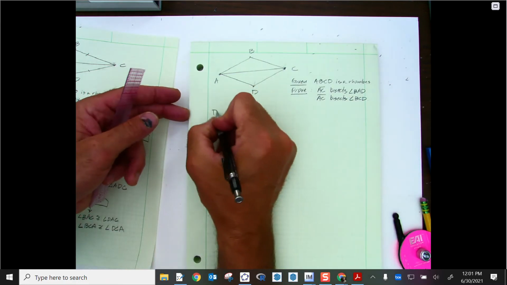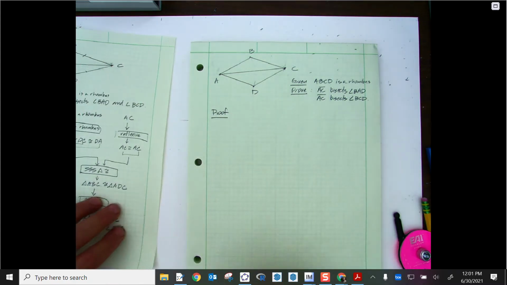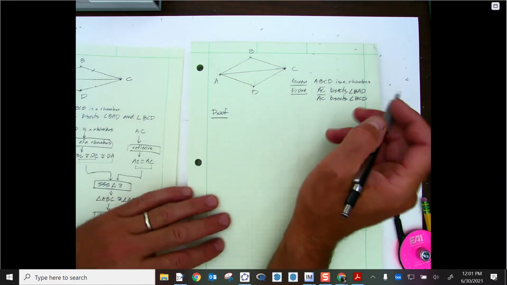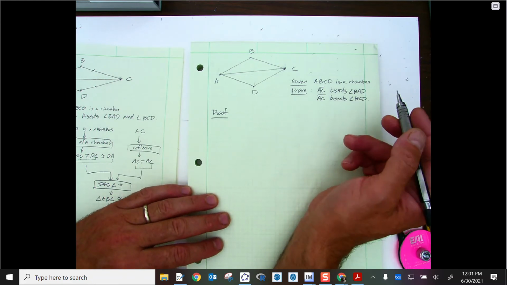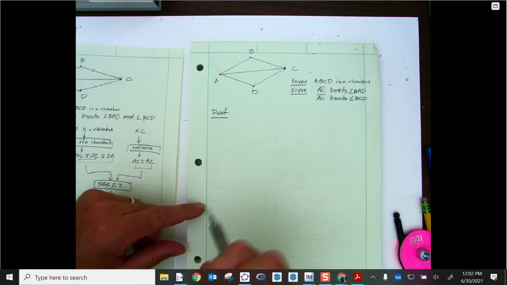So here comes the proof. If you're used to doing two-column proofs, go ahead and submit them for your homework. That doesn't bother me at all. But I'll continue to do a paragraph proof here.